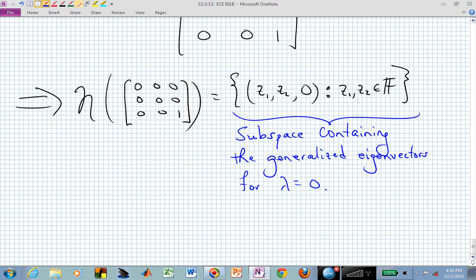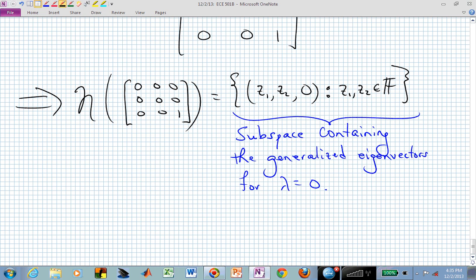If you wanted to, you could decompose this into a direct sum as far as a decomposition, if we wanted to.